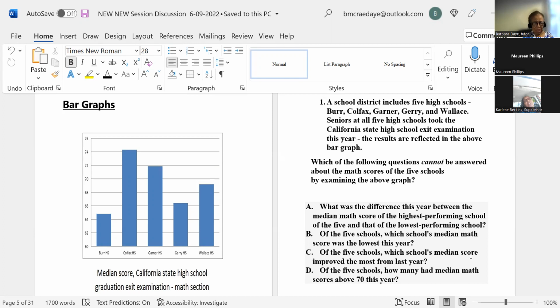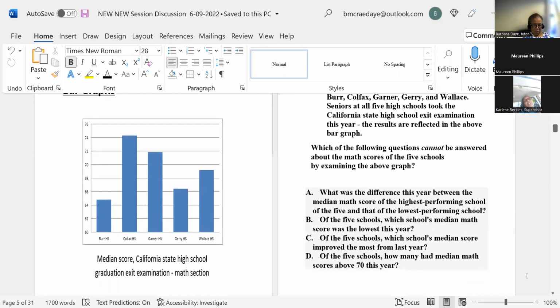No. The reason you can't answer that, Maureen, is because you only have a bar graph for this year. You don't have a bar graph from last year. Oh, I see. You see what I'm saying? You can't answer this question because you don't have a graph to show what the scores were last year. This is only for this year. Oh, I see.